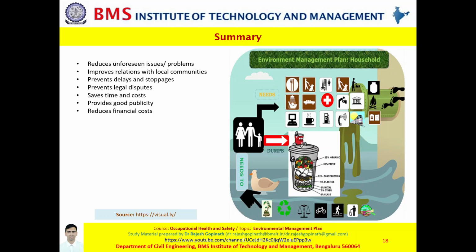So what I would request you is, as a self-study, I would ask all of you to explore: if I want to develop an EMP for my household activities, how do I go about it? Very simple. First, identify what are the environmental attributes which are being impacted because of the activities which happen day to day, and how can I go about handling them? How can I go about making sure that my activities do not endanger the environment?